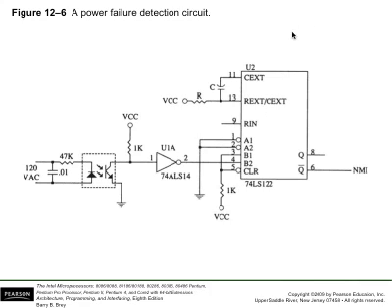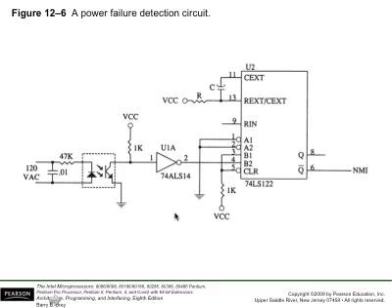What we have here is the optical isolator we talked about. This is the sensor for the AC power line. Normally, if we have AC power, this transistor will be conducting. So this point here will be a logic 0 in normal situations.